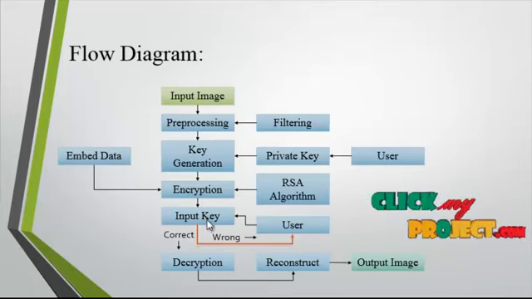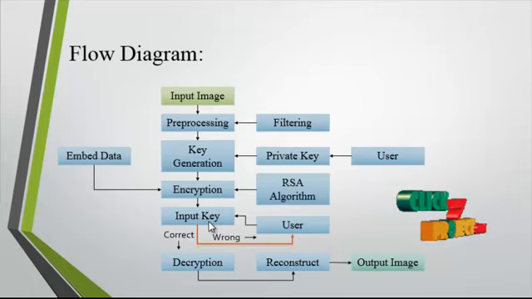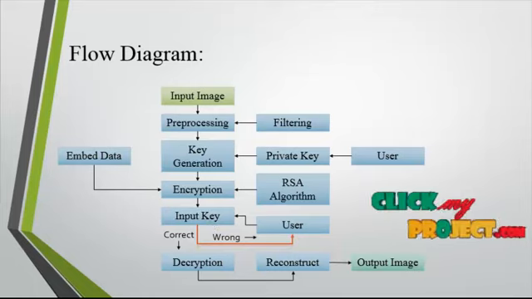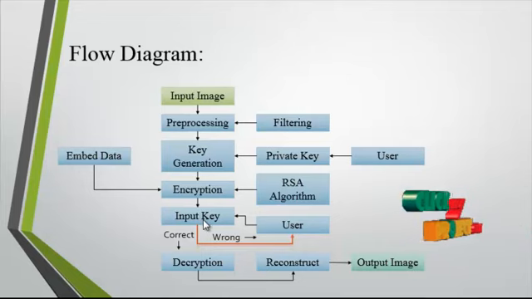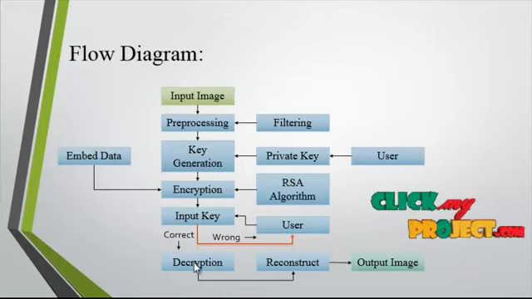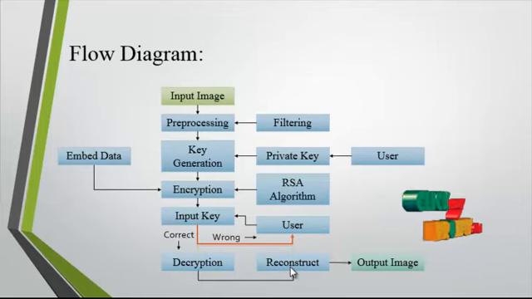After embedding the data into the image, the data encrypted image is undertaken for decryption. In the decryption, the user again enters the appropriate key. If the key is correct, the decryption is undertaken and the image and the data are reconstructed.